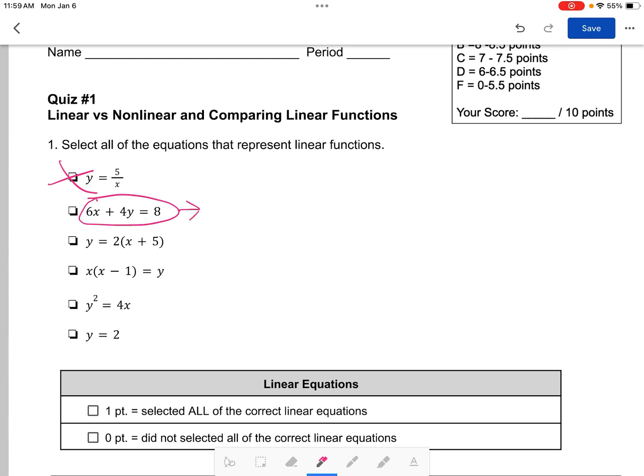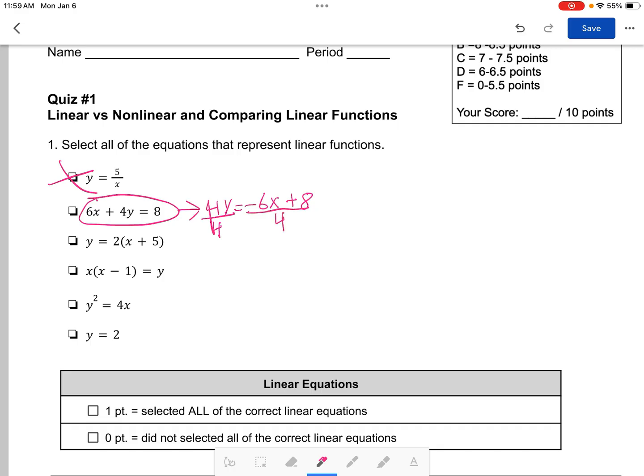So I'm going to go ahead and change this to 4y equals negative 6x plus 8. All I did was subtract the 6x on both sides of my equation. Now I need to divide both sides by 4 to get this y by itself.